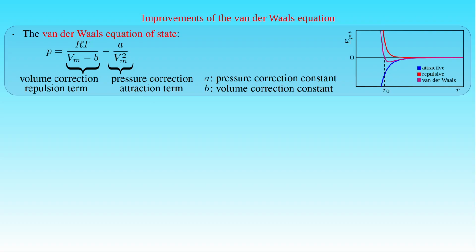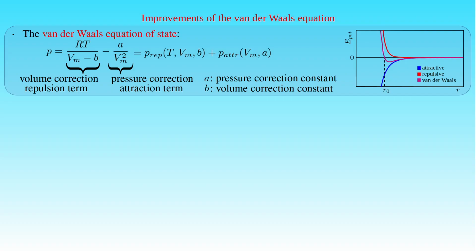As a result, the pressure in the equation of state can formally be written as the sum of two terms, the pressure attributed to the repulsive intermolecular forces and a negative pressure correction term due to the attractive intermolecular forces. In this model, the repulsion term depends on both the temperature T and the molar volume Vm of the gas with the volume correction constant B, whereas the attraction term depends on Vm and the pressure correction constant A.